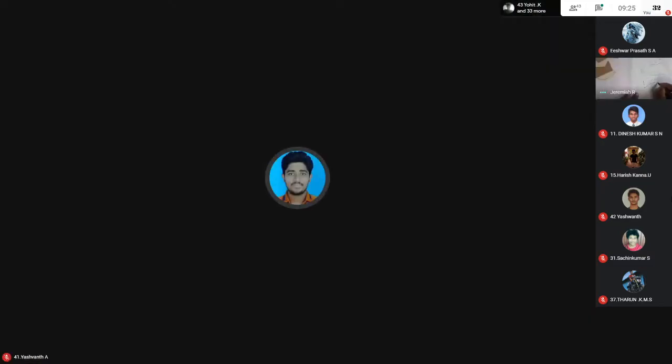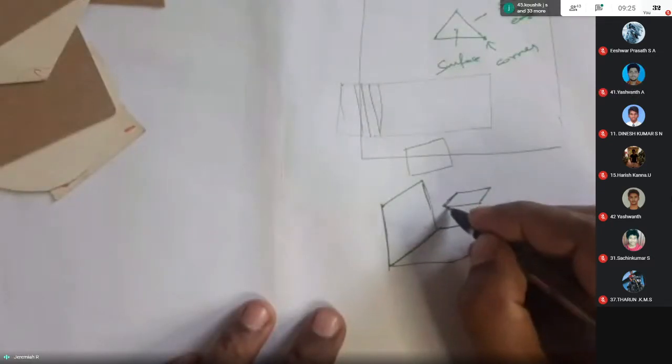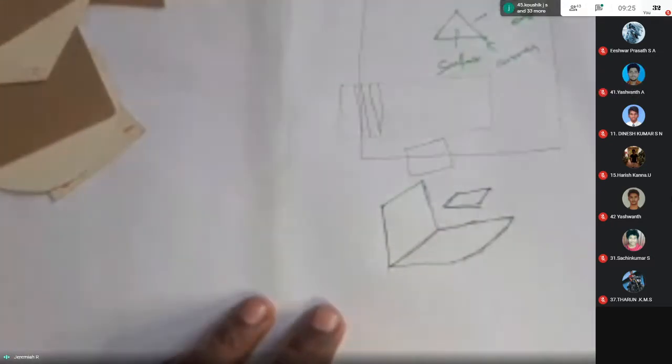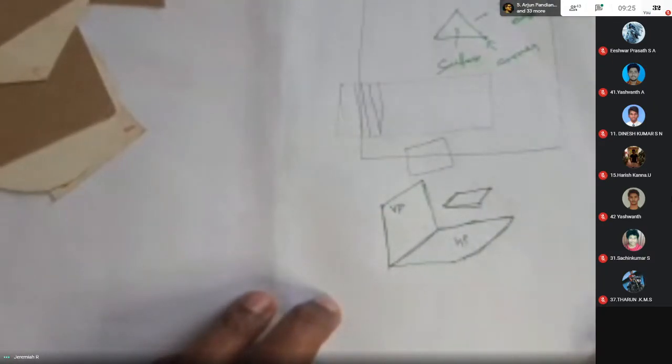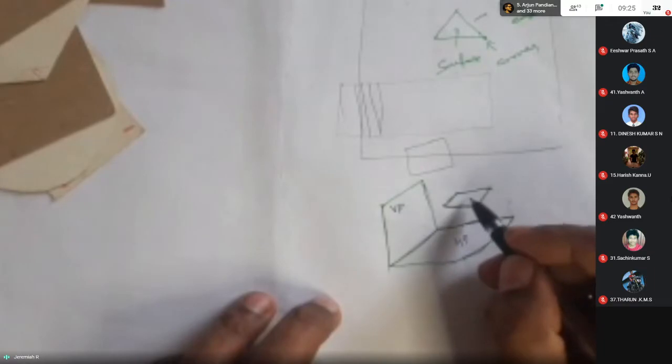Yes, sir. Okay, so I draw one square. This is a plane surface. You know this is the vertical plane, and this is the horizontal plane.